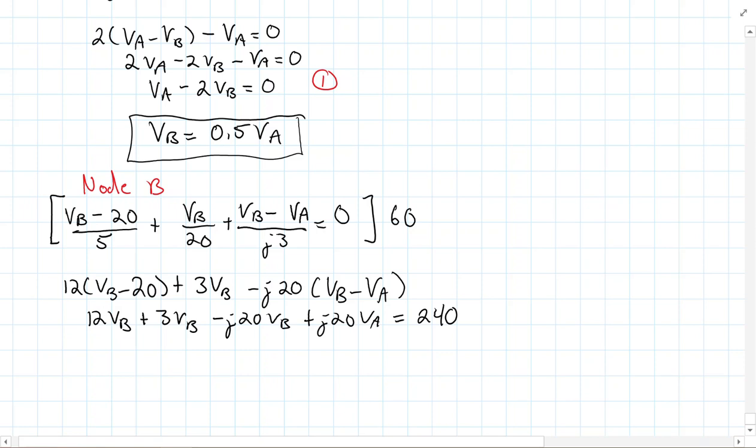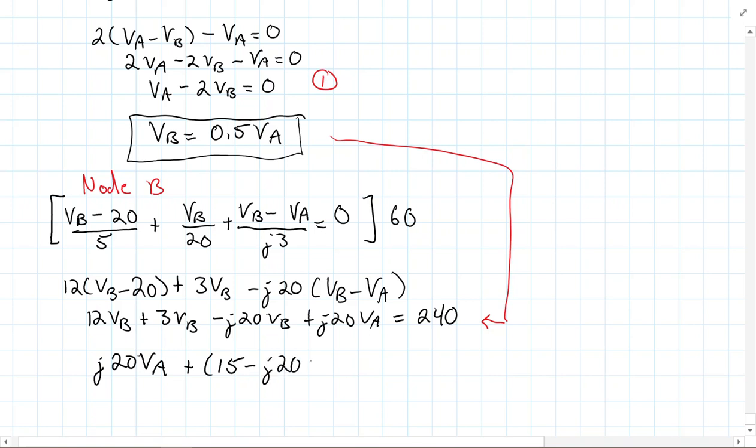And then now I'm just going to simply take this equation here and substitute it into here. This is where, if I combine like terms, I would have my second equation and my second unknown. Actually, before I do the substitution, I'm going to clean it up a tiny bit here: J20 VA plus (15 minus J20) VB is equal to 240.